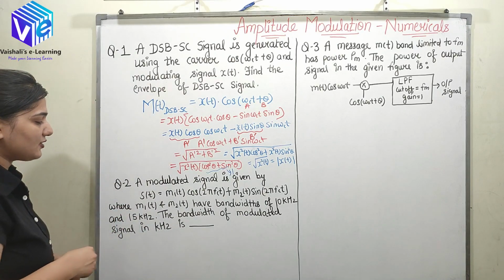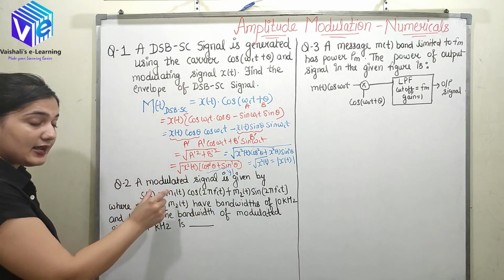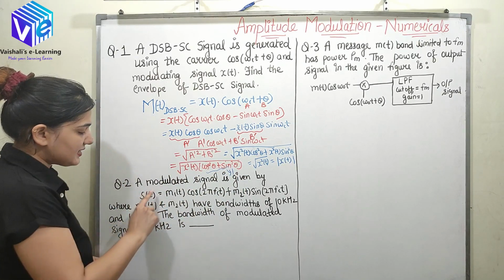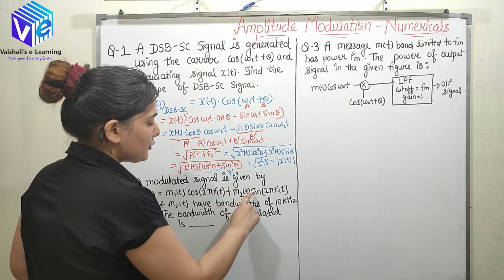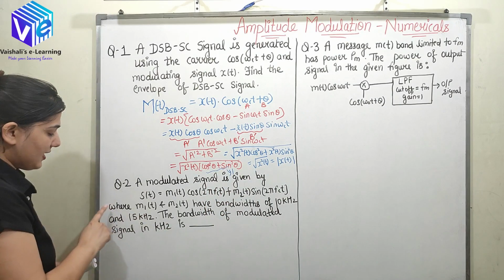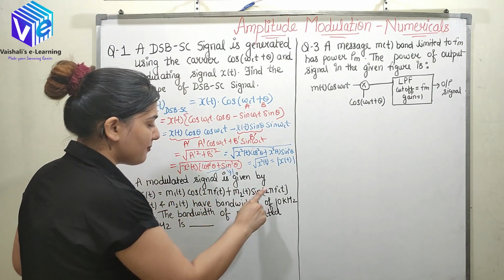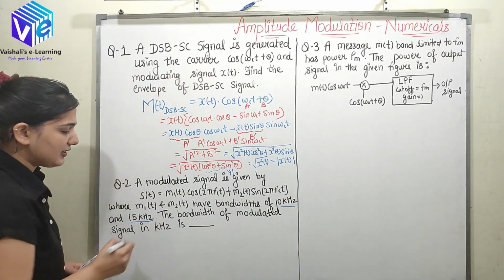Now coming to the next question, it states a modulated signal is given by s(t) = m1(t) cos 2πfct + m2(t) sin 2πfct, where m1(t) and m2(t) have bandwidths of 10 kilohertz and 15 kilohertz.